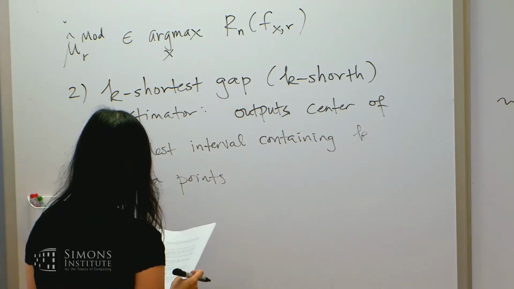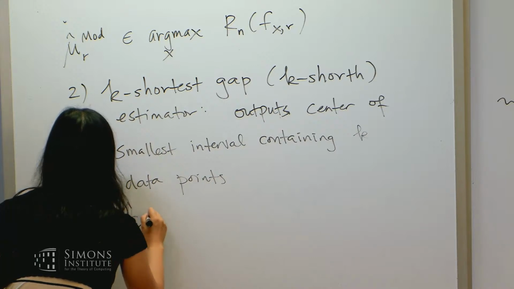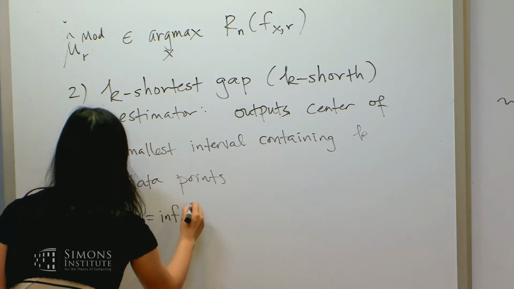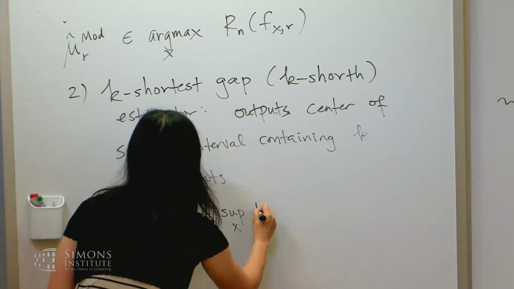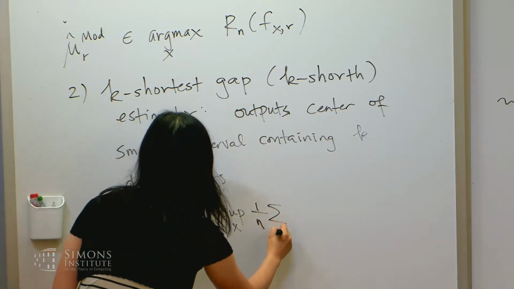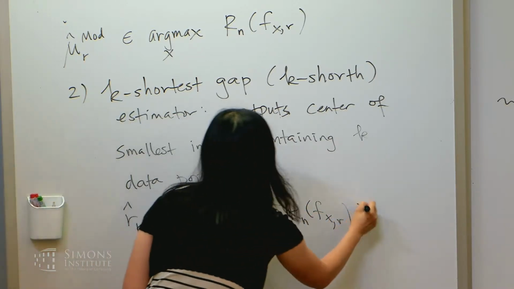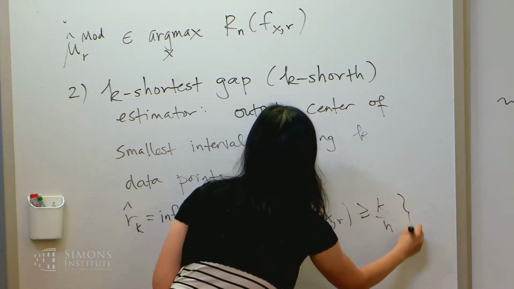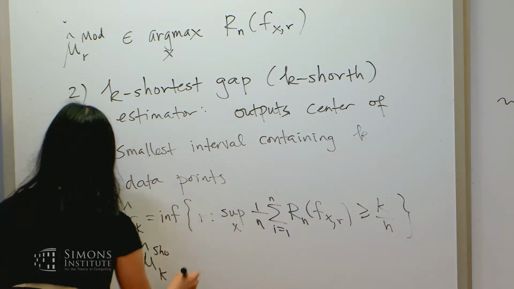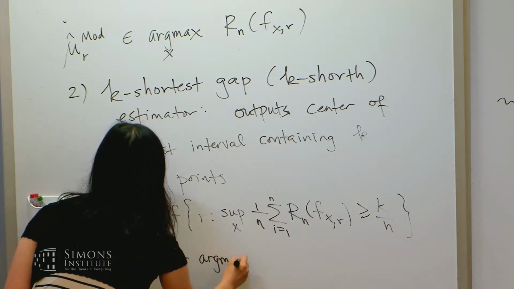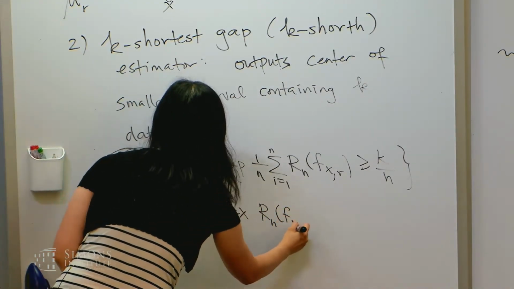So there's a way of writing this with the formalism that we had here. If we write rk hat to be the infimum over r such that the supremum over x of 1 over n, sum i from 1 to n, Rn of fxr is greater than or equal to k over n, then we define mu k hat shorth to be the argmax over x of Rn fxr.